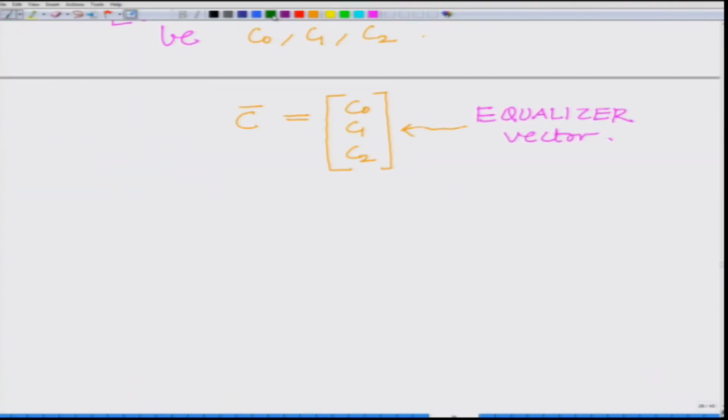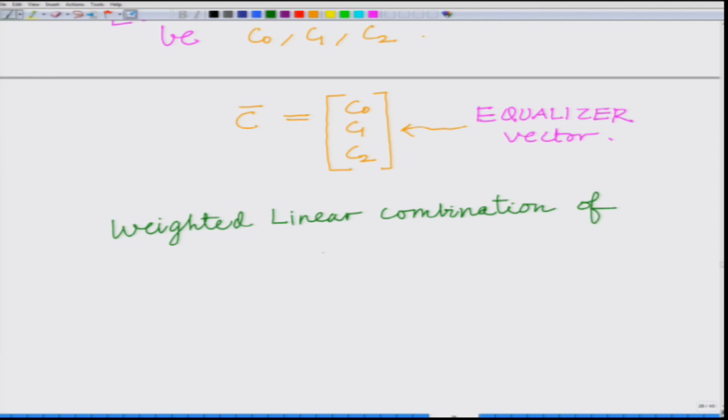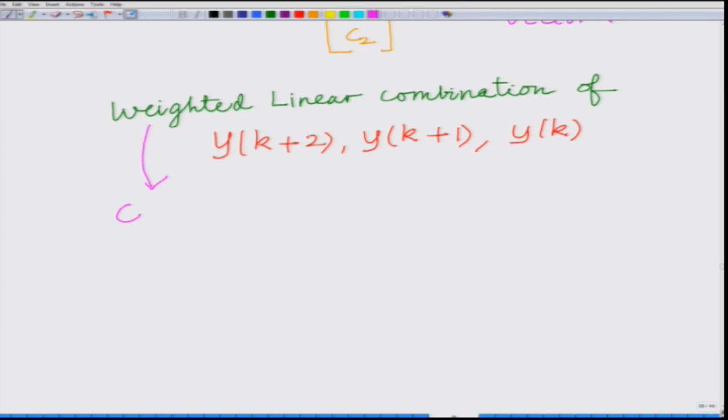We take a weighted linear combination of yk plus 2, yk plus 1 and yk, which is given as C0 times yk plus 2, C1 times yk plus 1, C2 times yk.